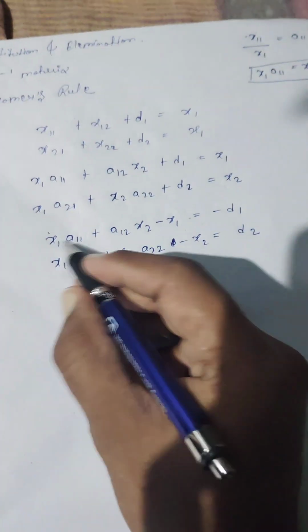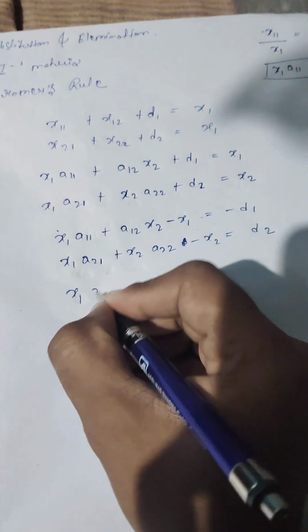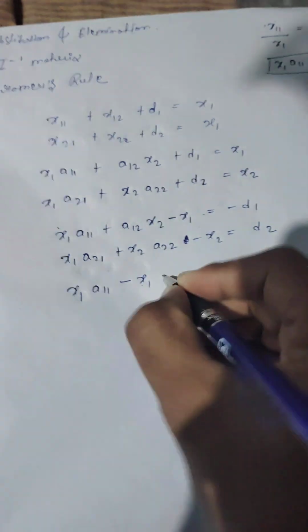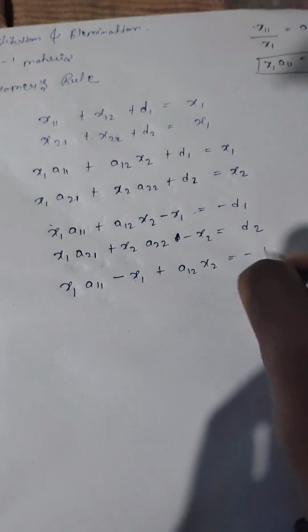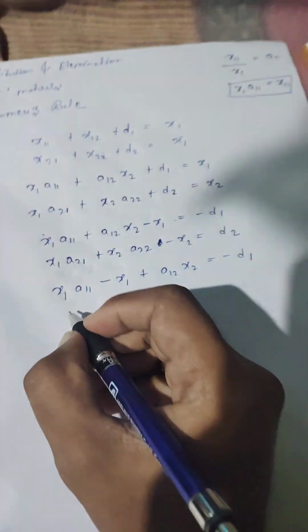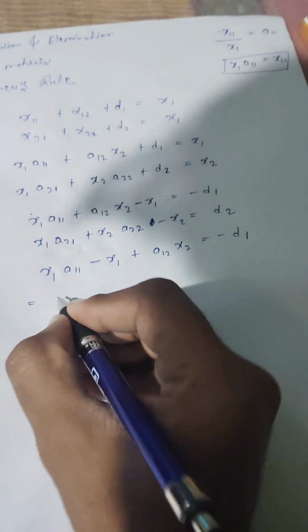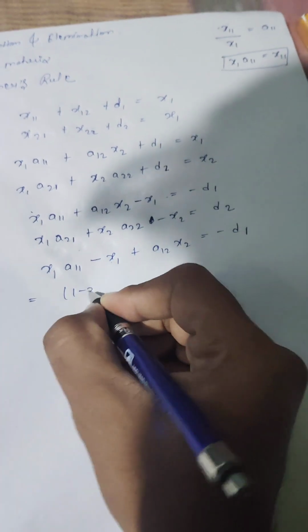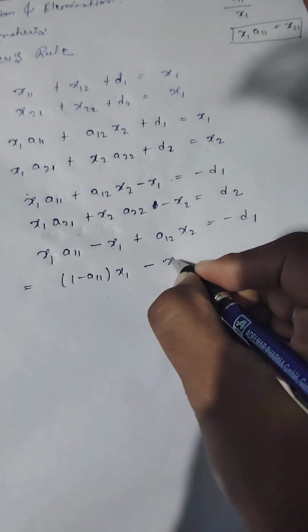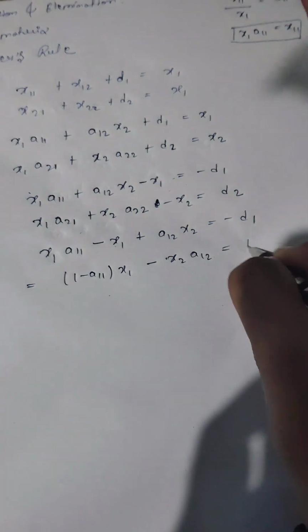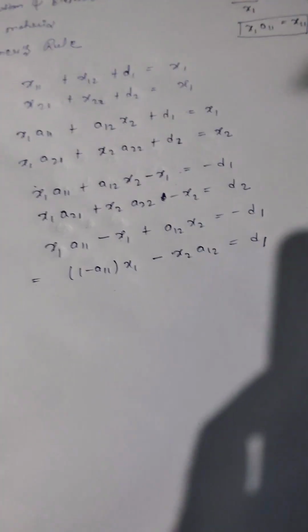Now X1 A11 minus X1 plus A12 X2 is equal to minus D1. So we can write this equation as 1 minus A11 into X1 minus X2 A12 is equal to D1.